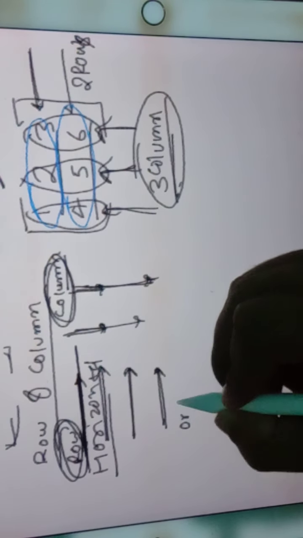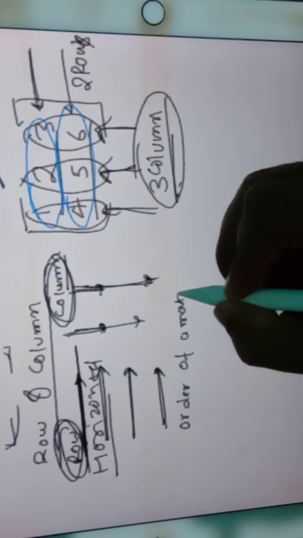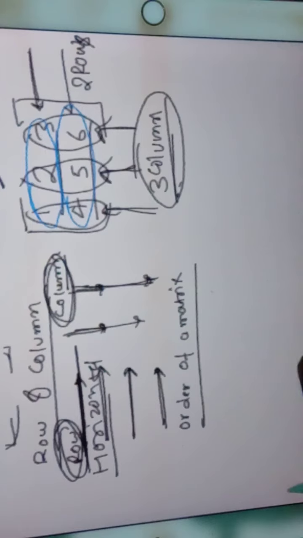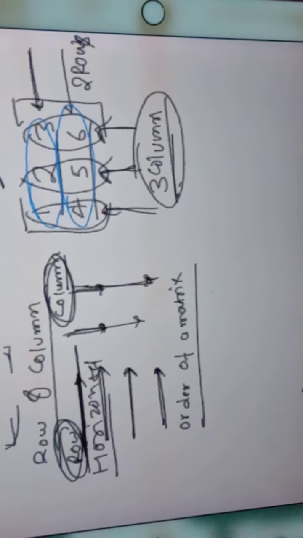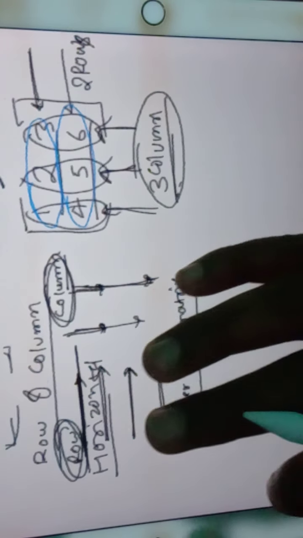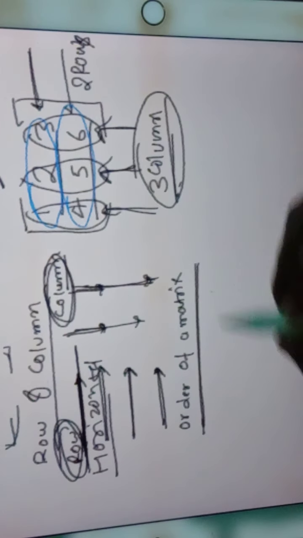Now define the order of a matrix. The next important thing is the order of a matrix, that is, what is the order of any matrix? Because it is just an arrangement of numbers, there will be an order for matrices. That's why the order of a matrix.